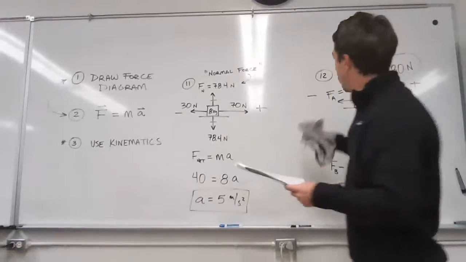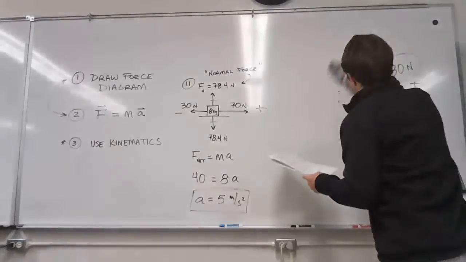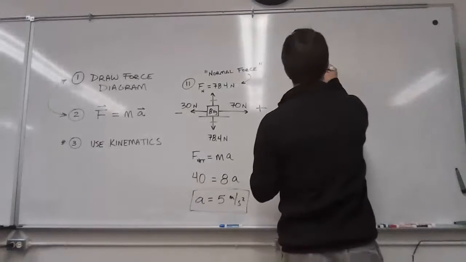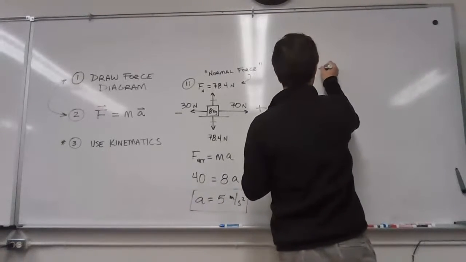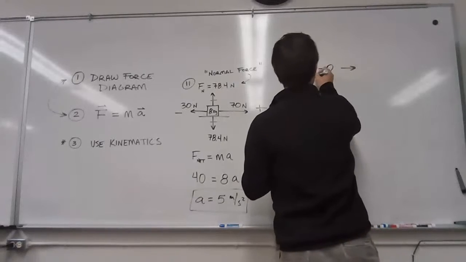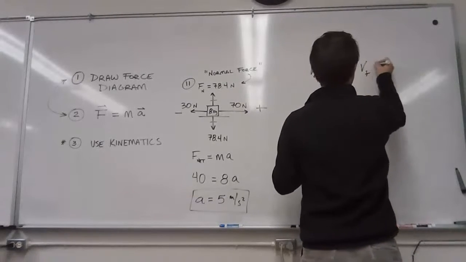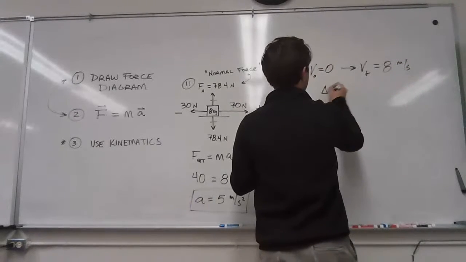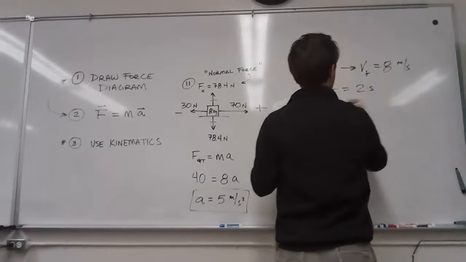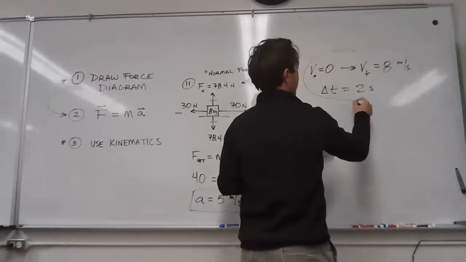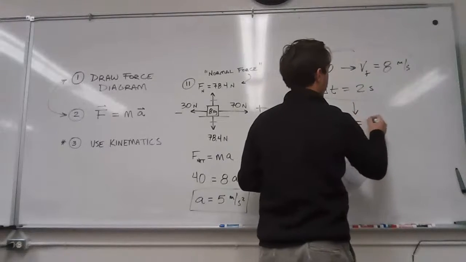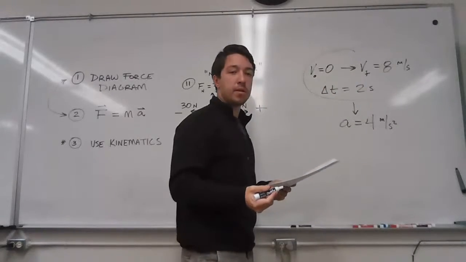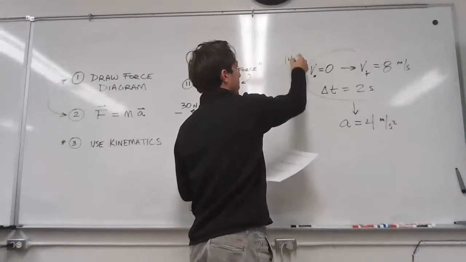If we take that first step of saying the block is going from an initial velocity of 0 up to a final velocity of 8 over a time period of 2 seconds, all that I can just boil down into this. The acceleration was 4. Everyone okay with that? This is on 14, of course.